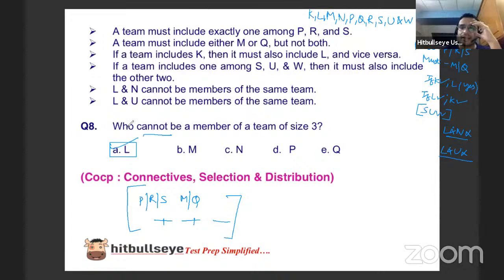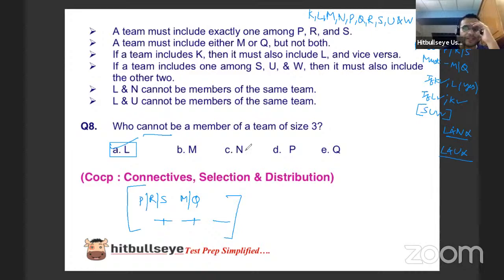Along with L, K has to come. N, there is no specific condition given. For N, it is just written L and N cannot be members of the same team. So in that case, we are not sure about N, may or may not, but L we are sure it cannot be. So hence my answer is A, not C.